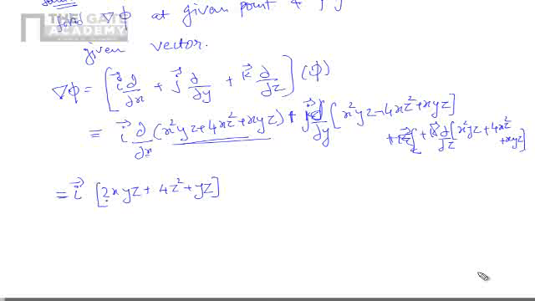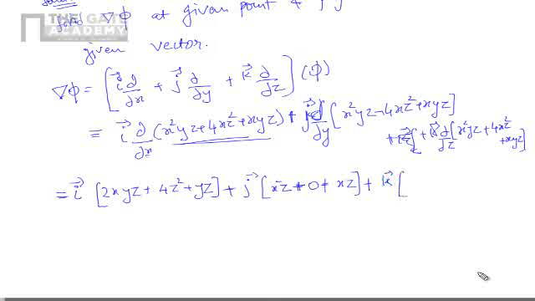Correct? Plus j vector times, here I am going to do partial derivative with respect to y. So x and z are constants for me. So this will give me x square z plus 4xz square will give me 0 because there is no y term, plus xz plus k vector times, what will I get?